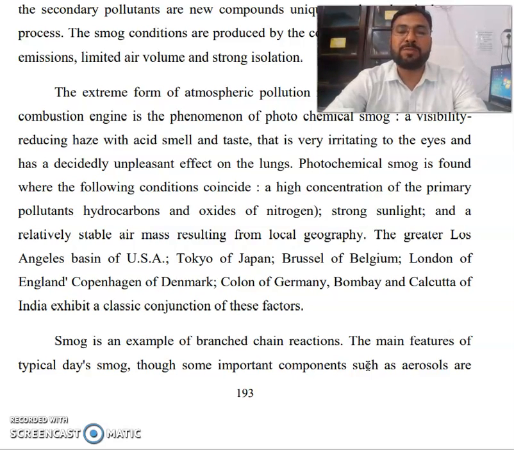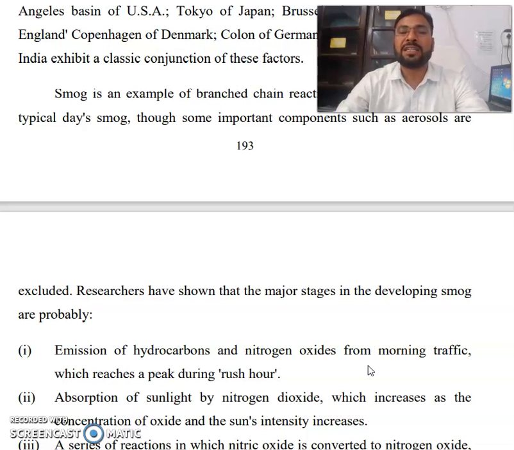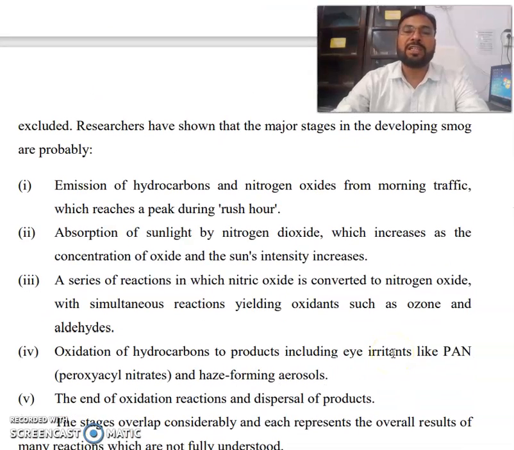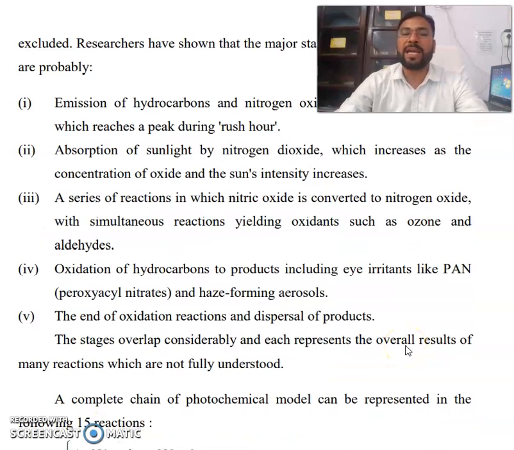The main features of a typical day's smog, though some important components such as aerosols are excluded, researchers have shown that the major stages in developing smog are probably: emission of hydrocarbons and nitrogen oxide from morning traffic, which reaches a peak during rush hour; the absorption of sunlight by nitrogen dioxide, which increases as the concentration of oxide and sun intensity increases; a series of reactions in which nitric oxide is converted to nitrogen dioxide with simultaneous reactions yielding oxidants such as ozone and aldehyde; oxidation of hydrocarbons to produce eye irritants like PAN, peroxyalkyl nitrate, and haze-forming aerosols; the end of the oxidation reaction and dispersal of products.